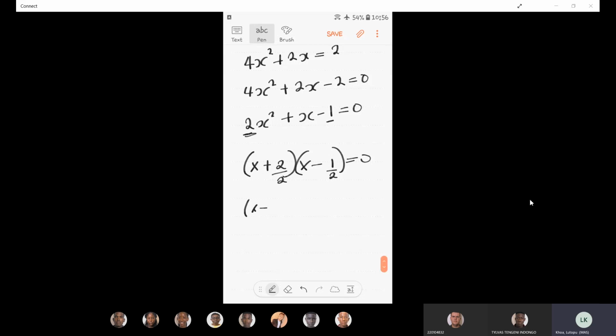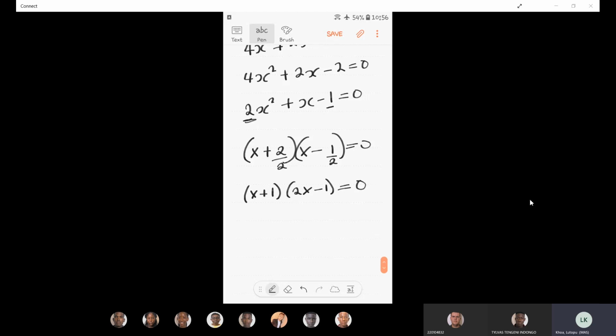This is just x plus 1, and then here I have 2x minus 1, and this is equal to 0. So the first bracket equal to 0 means that x is equal to minus 1, and then 2x minus 1 is equal to 0 means that x is equal to a half.